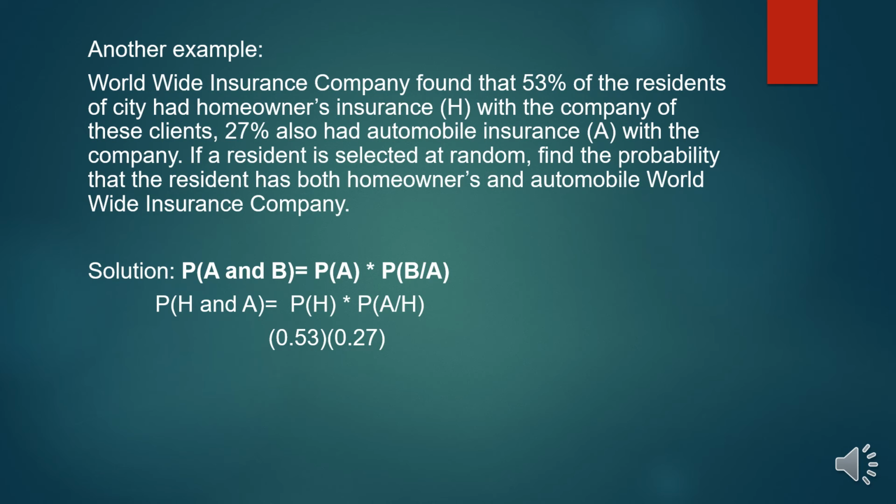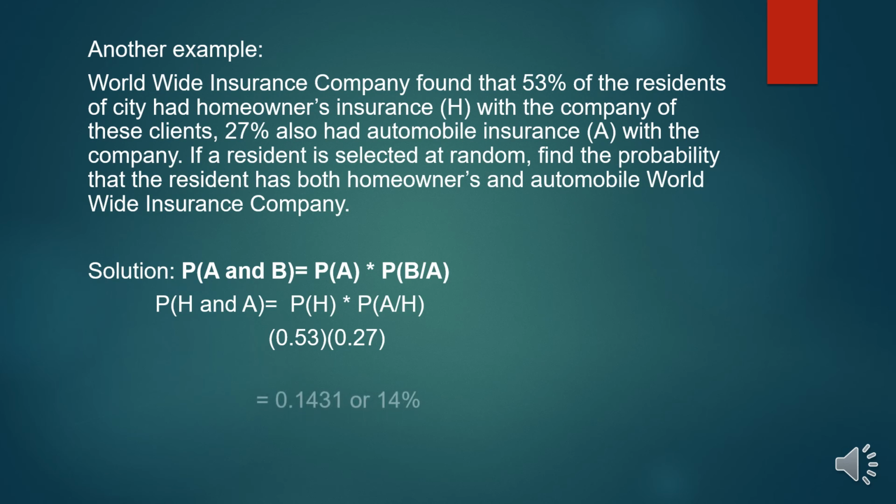We can also write those percentages as decimals by dividing the percentage amount by 100 to easily multiply them. The probability of H is 0.53, and the probability of A, given that H has occurred, is 0.27.